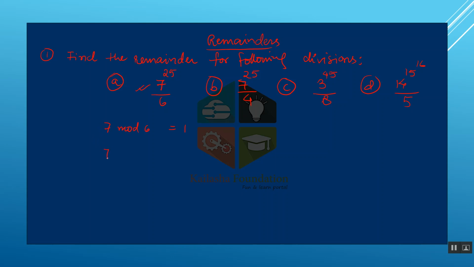So 7 raised to the power 25 divided by 6 is basically 1 raised to the power 25, which is again 1. So we have our solution ready.